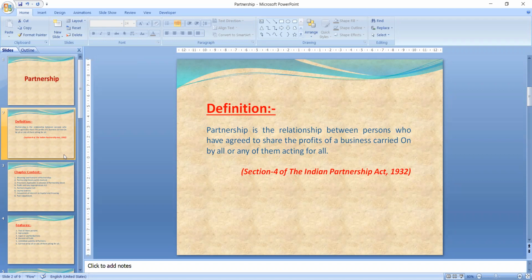So any combination can be present in partnership, means 1 person, 2 persons, 3 persons, 4 persons, or all of them acting in partnership. Do you know about active partner, sleeping partner?